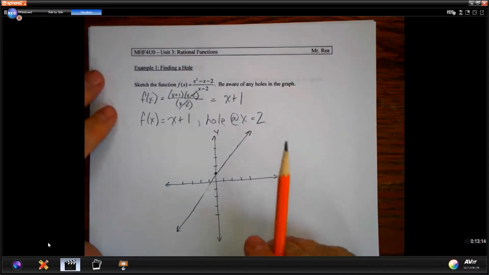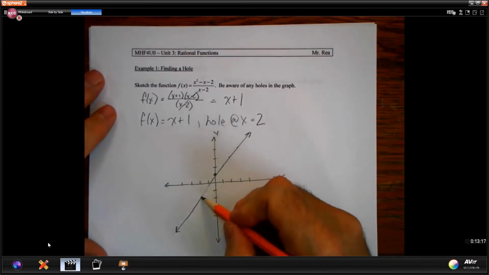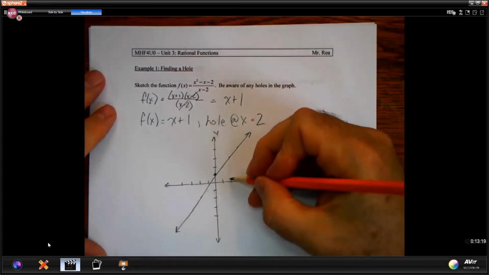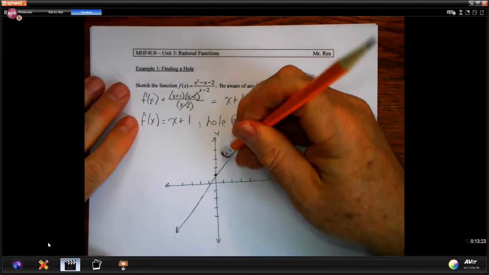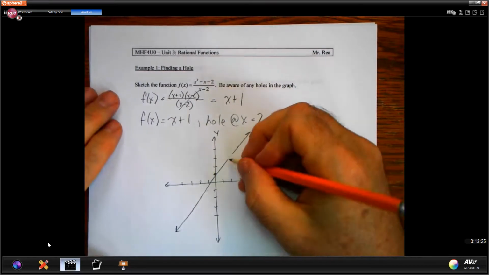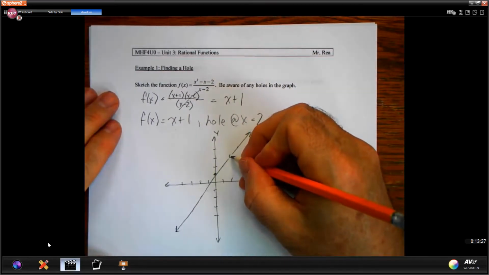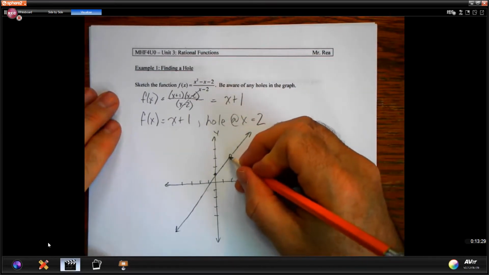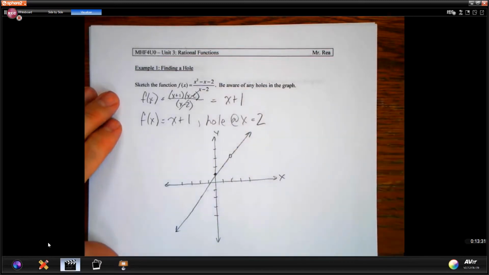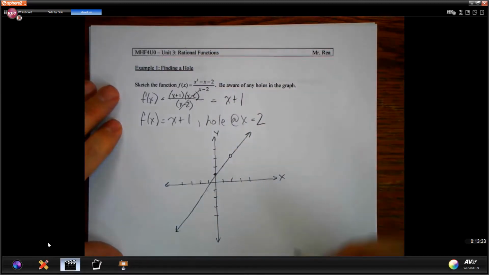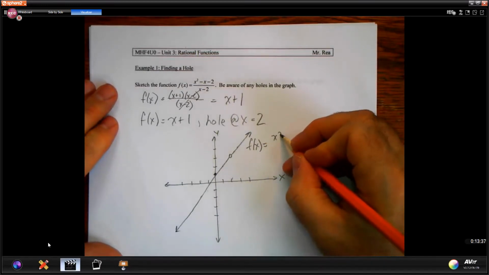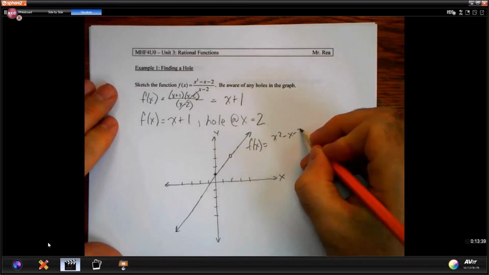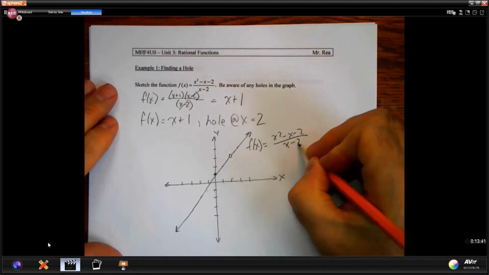Now I have a hole at x equals 2, so I got to go back and fix my line, because at x equals 2, that point right there, it actually is undefined. So I go to where x equals 2, and where the line intersects that point, I draw a little open circle, which is my hole. So this is f of x equals x squared minus x minus 2 over x minus 2.